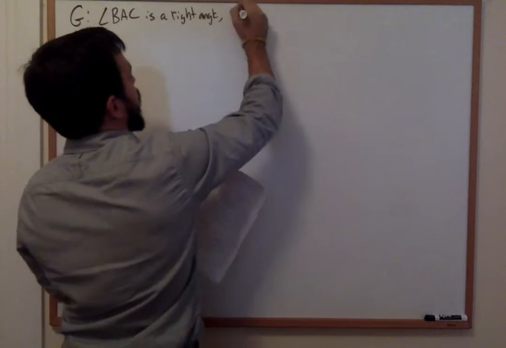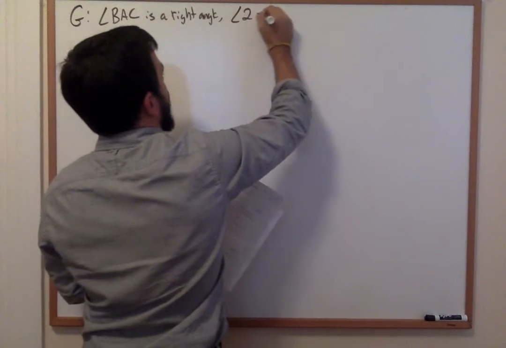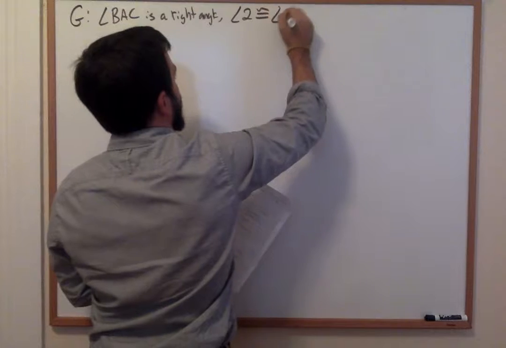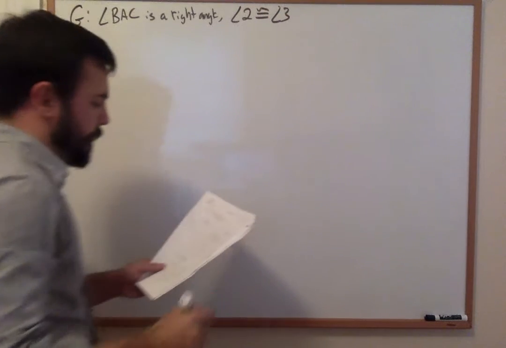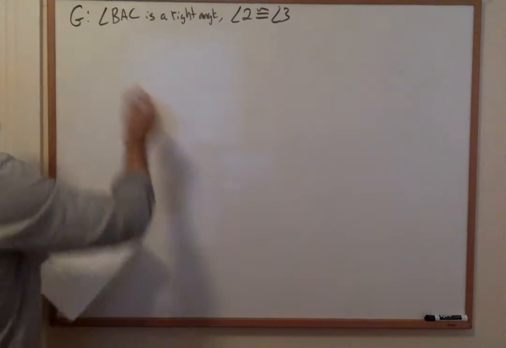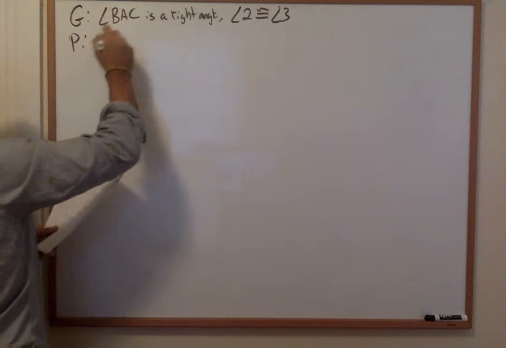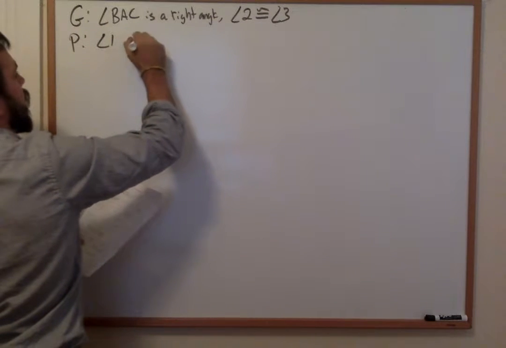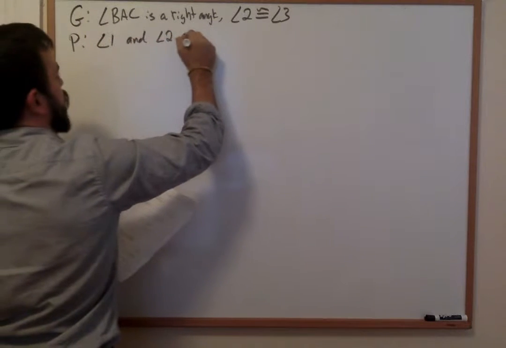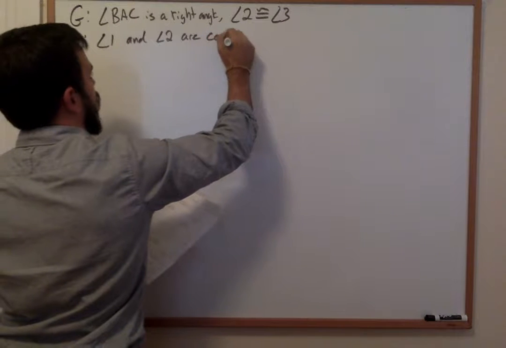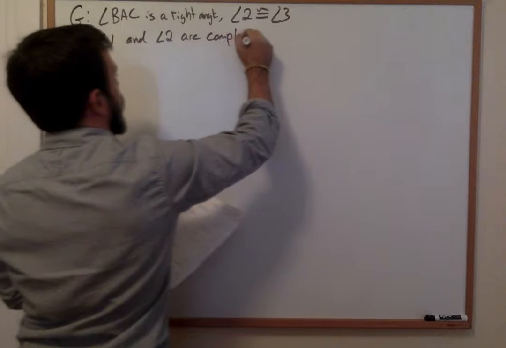We're also given that angle 2 is congruent to angle 3. That's one of our corrections. And we want to prove that angle 1 and angle 2 are complementary.